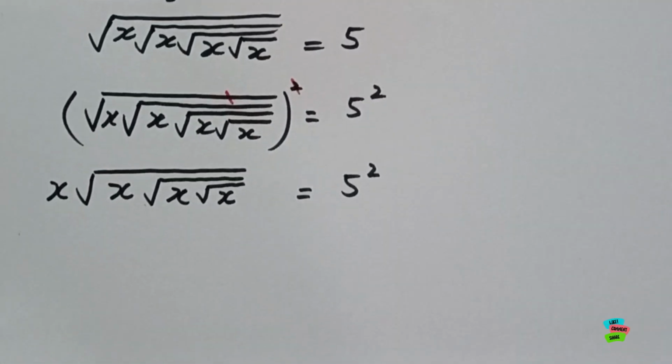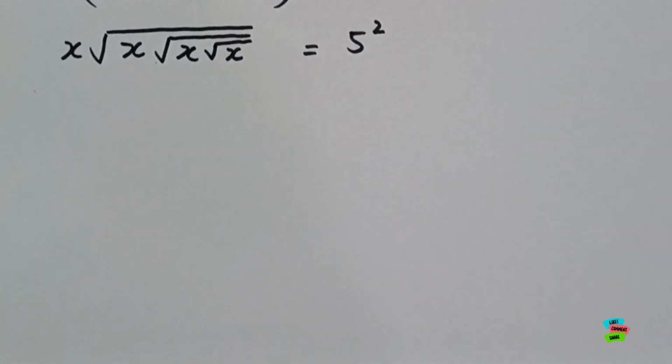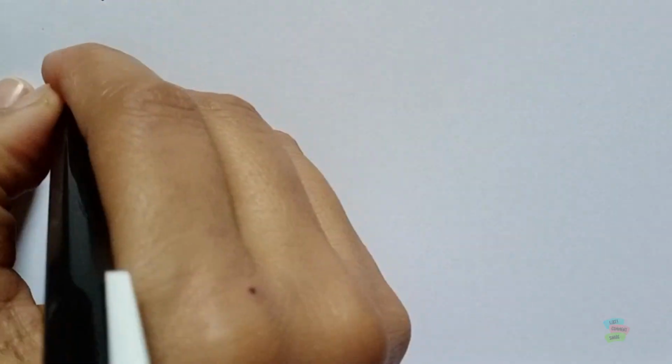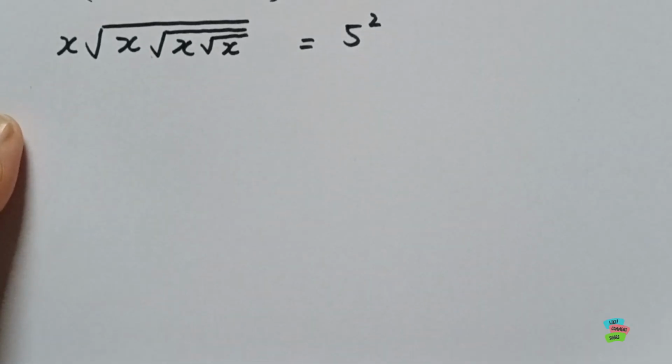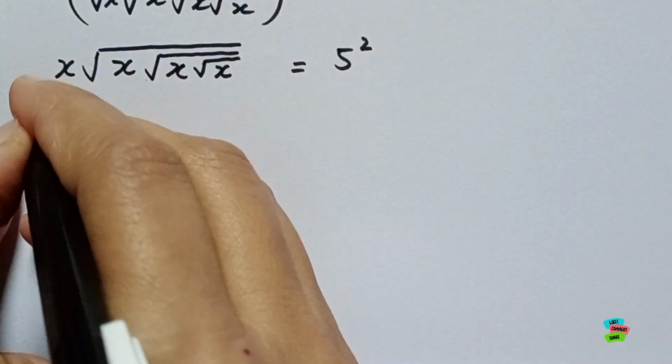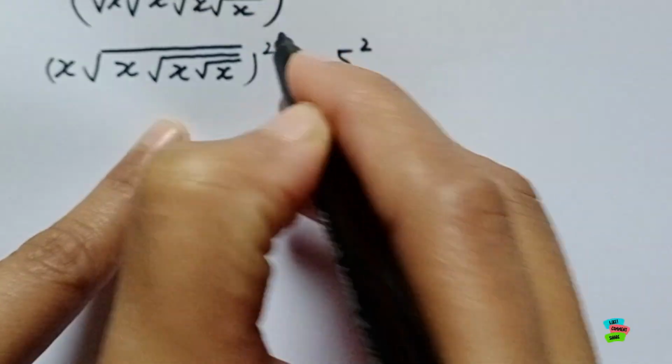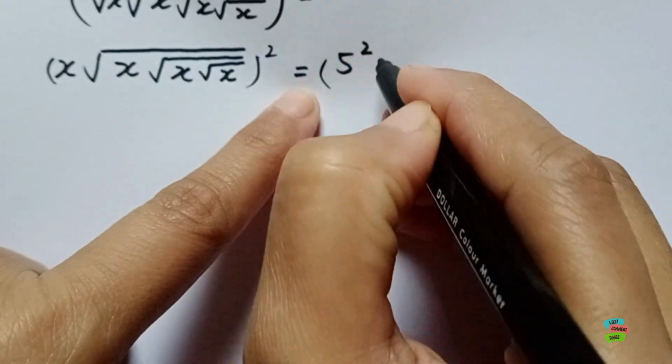So here we will write x times the rest, and we will take the square again.